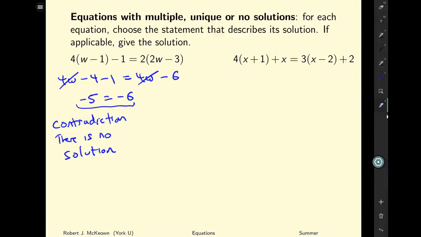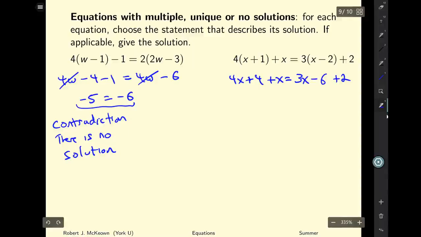Now let's take a look at the equation on the right-hand side. I'm going to start with the same process. I've got 4x plus 4 plus x is equal to 3x minus 6 plus 2. So I'm working out the bracket. Now I'm going to collect like terms, and I've got 5x plus 4 is equal to 3x minus 4.